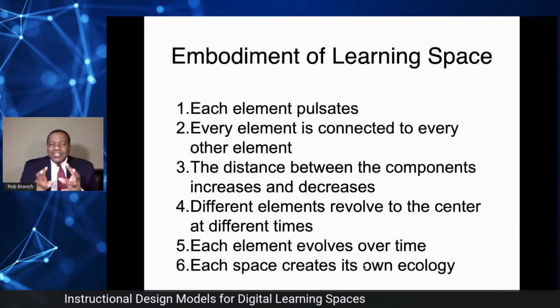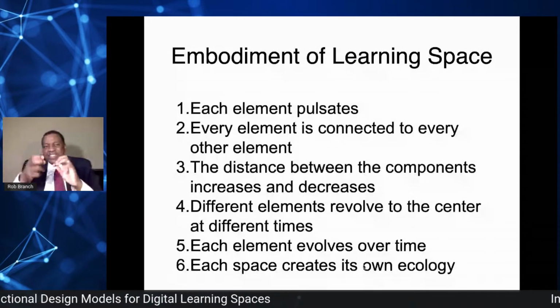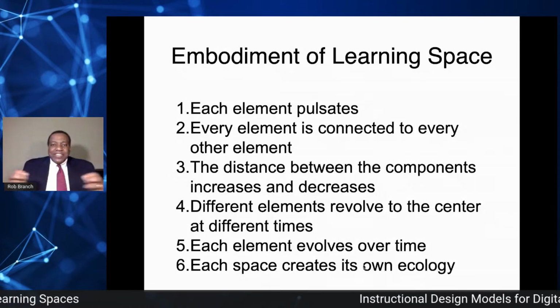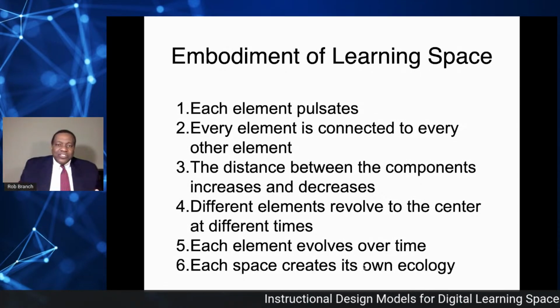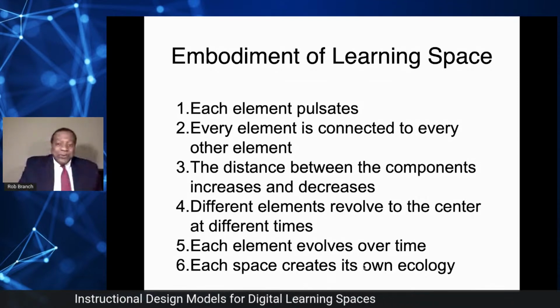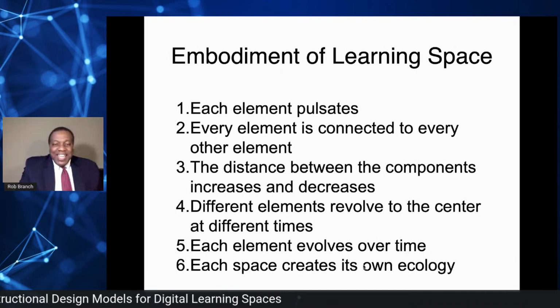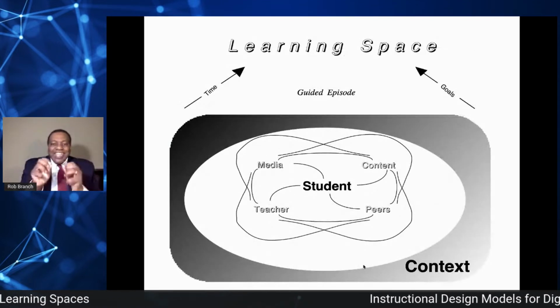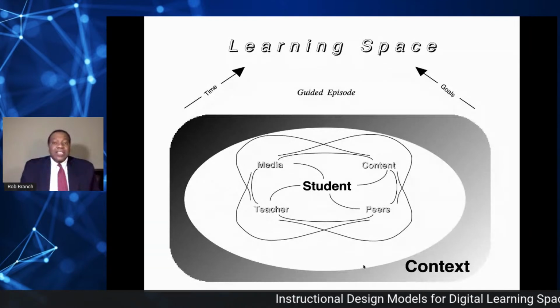So imagine each of these things pulsating and they're connected, and during time, the distance between the two is changing and elements evolve over time. The student that begins your course may not be the same student that ends your course. Even this space here generates its own ecology.